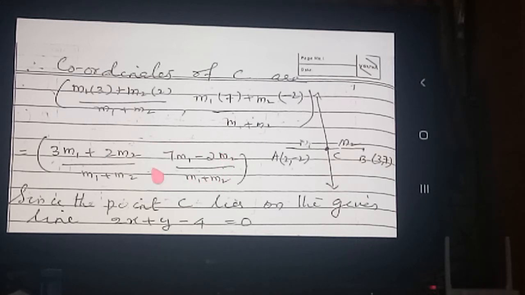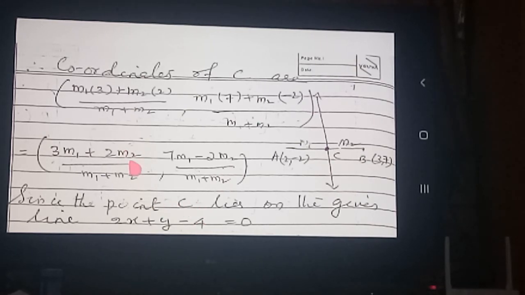This is the coordinates of the point C. But very clearly you know that this point C lies on the line. The meaning is that the coordinates of the point C will satisfy the equation.